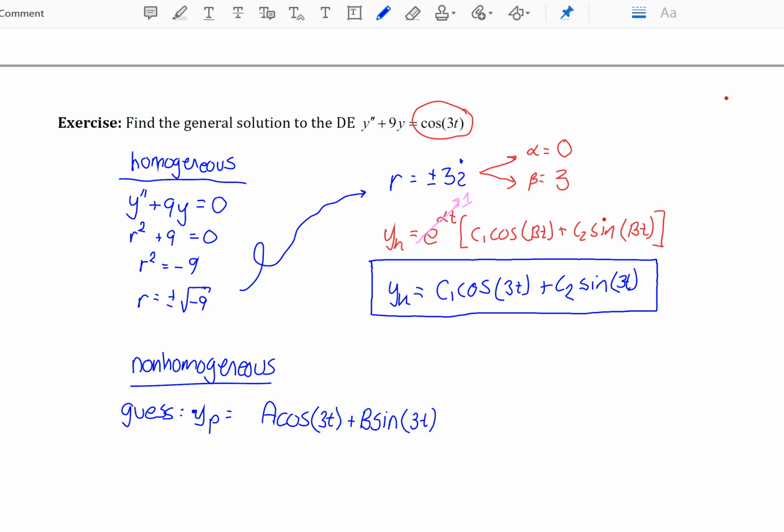Okay. Now that I've written that, though, I'm also worried about the fact that this is a repetition of the homogeneous solution. Because it's a repetition, we have to account for that by multiplying by an extra factor of t in our guess for yp.